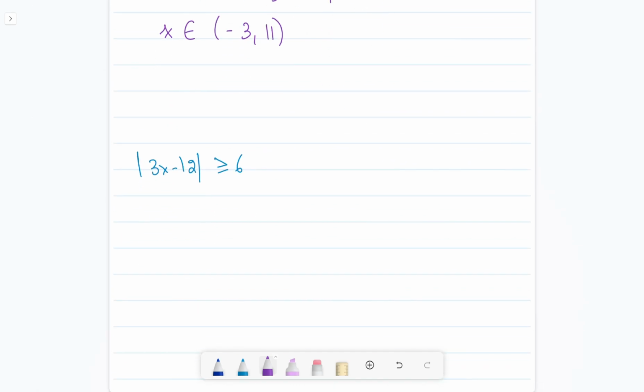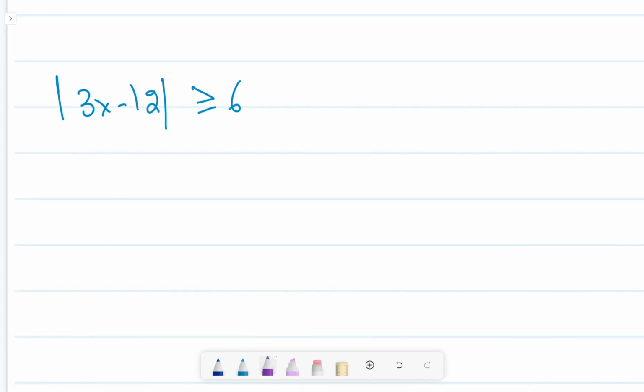Now let's move to the second example. The absolute value of 3x minus 12 is greater than or equal to 6. Again, same strategy. First rewrite it, or in this case, because we have greater than or equal to, we write it again, we flip the sign of the inequality, and we flip the sign of 6. It becomes -6.